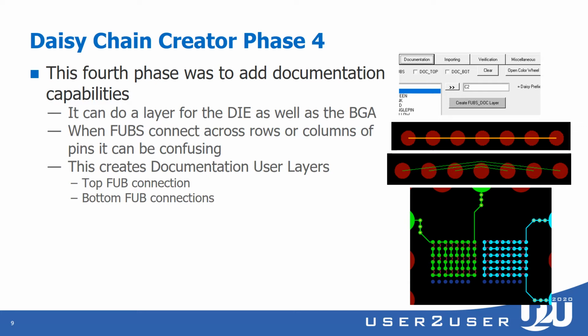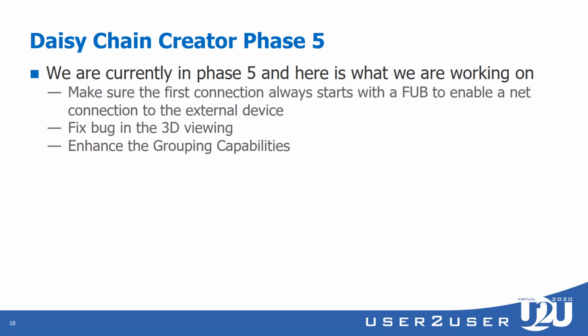Now you can have documentation that goes along with your database, so someone testing this out in the lab can follow the chain across it. It also supports multiple levels. You can have the top layer die connections or the bottom layer board connections, so you can have board, package die, package board, multiple levels of activity.